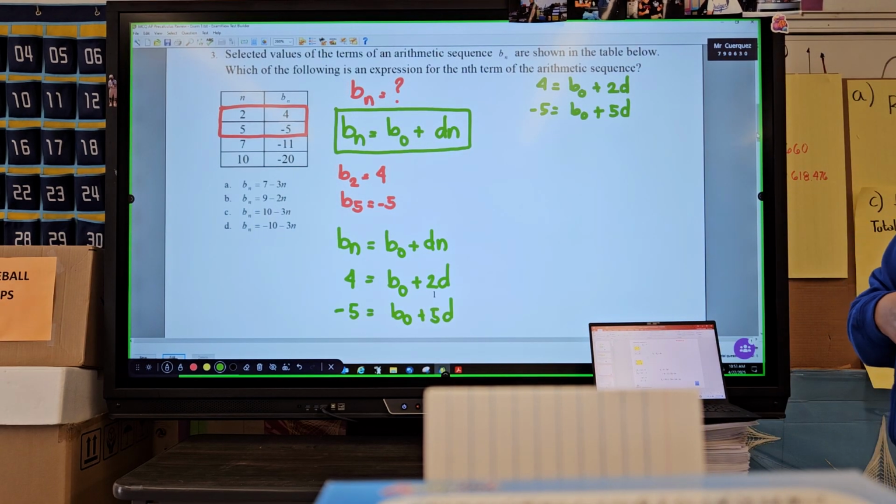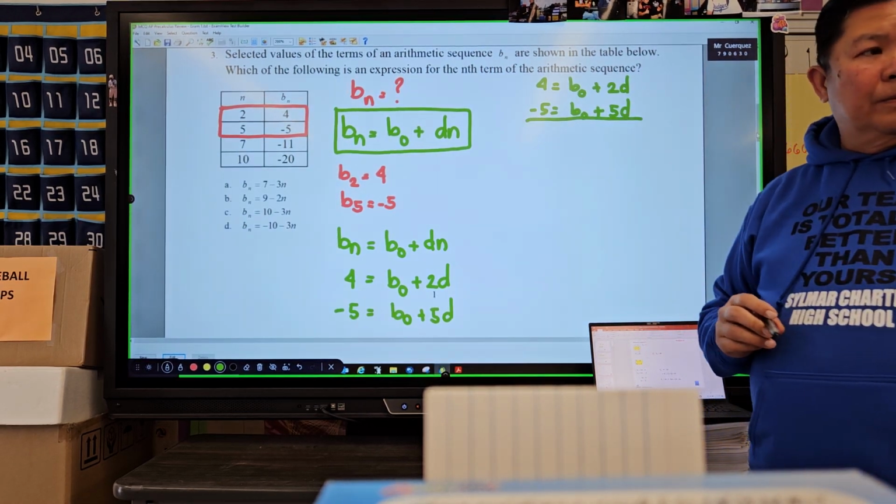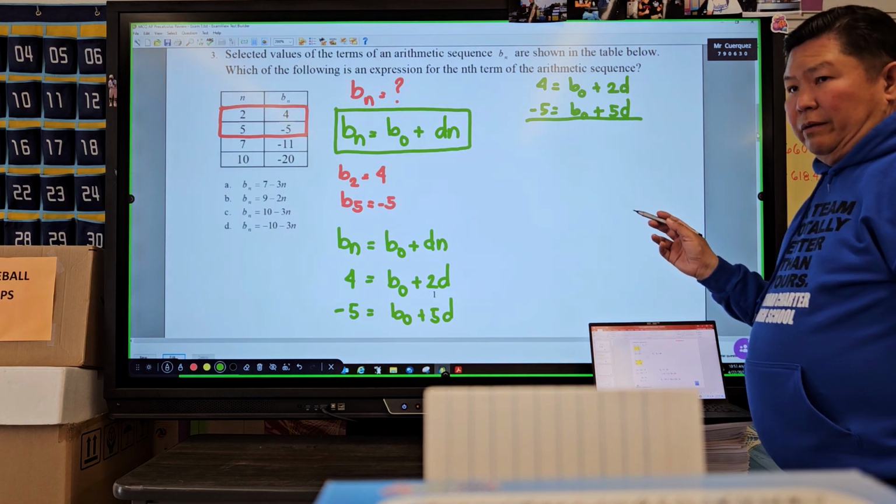And what we do with this one, I want you to recall your algebra elimination with 2 variables. And what to do with this to eliminate?